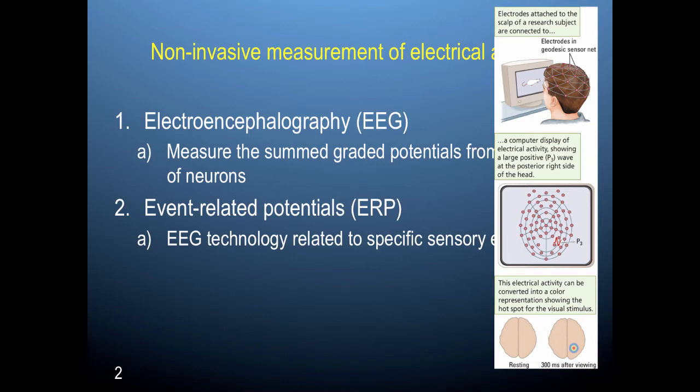EEG has a very rapid response. Because these graded potentials occur at a very rapid rate, you have excellent timing with regards to assessing when neurons are active, but the spatial information can be quite fuzzy, so it's not as exact. By spatial information, I mean where on the brain this activity is occurring.